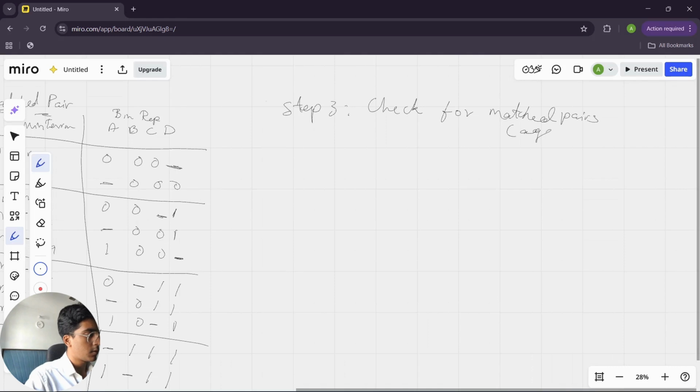Again, the first column was group, the second was the minterms, the last one was the binary representation, and A, B, C and D.